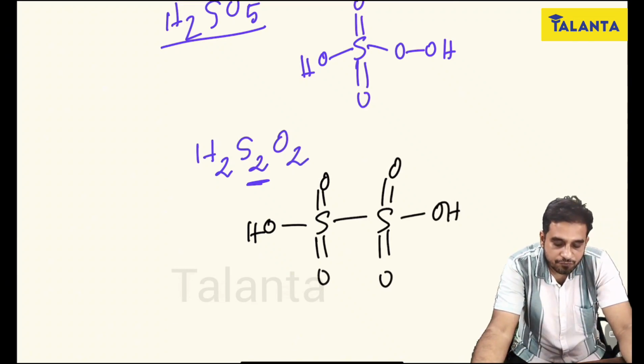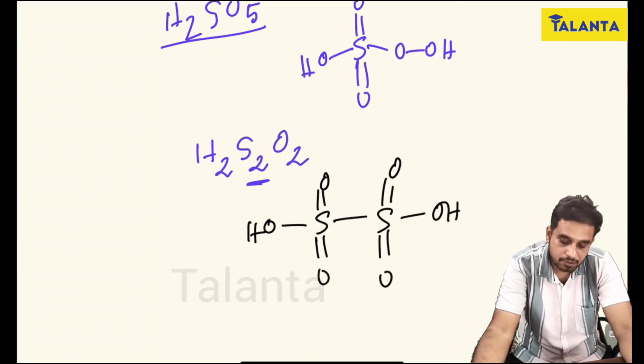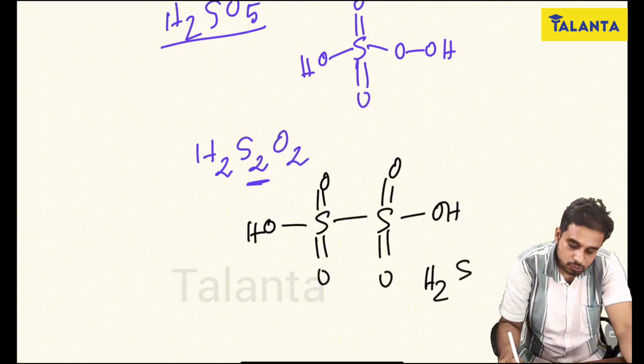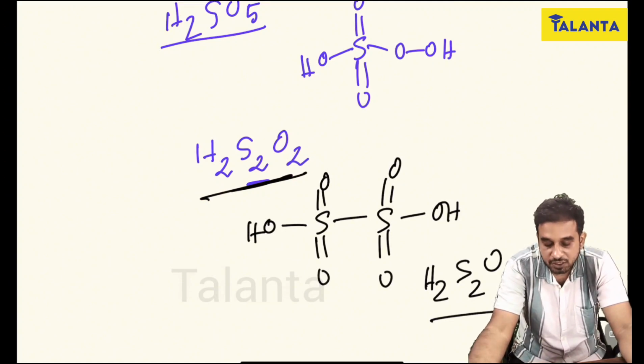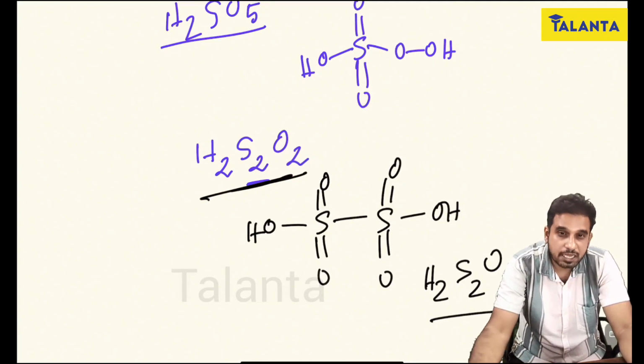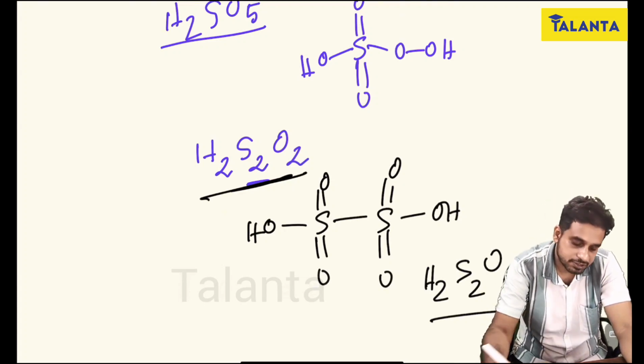We have to remove four oxygen atoms, right? This is H2S2O6 and this one is H2S2O2. So four oxygen atoms should be removed in this way: from one sulfur atom, two oxygen atoms, and from another sulfur atom, another two oxygen atoms.